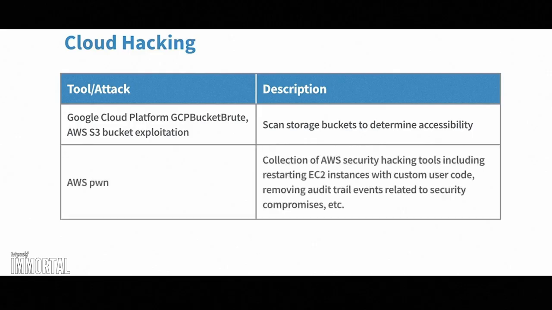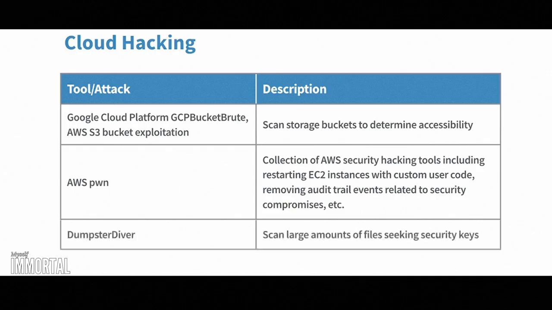The AWS Pwn tool, PWN, is actually a suite or a collection of hacking tools for specifically getting into AWS environments, such as restarting EC2 instances, which are virtual machines, but having them restart with custom injected user code, which of course would be malicious in this context. It also contains tools that are designed to remove the attacker's tracks, remove audit trail events that are related to security compromises.